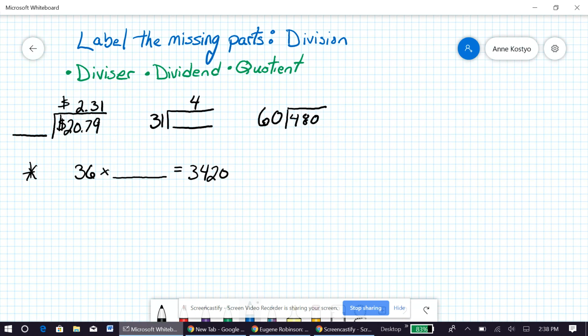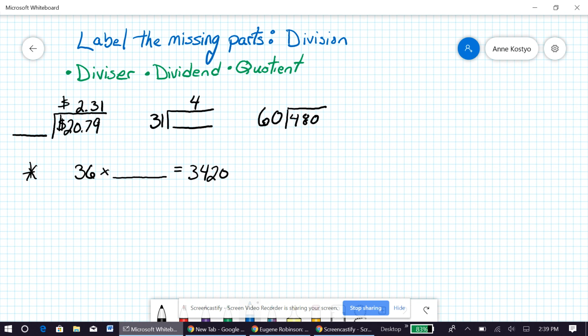So again, we're working on our series of long division, working with the divisor, the dividend, and the quotient. Here I have a couple of typical problems that you may see in your homework where the instructions are to label the missing parts for the division problems.